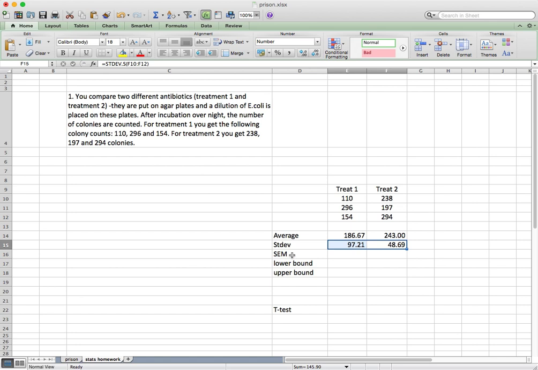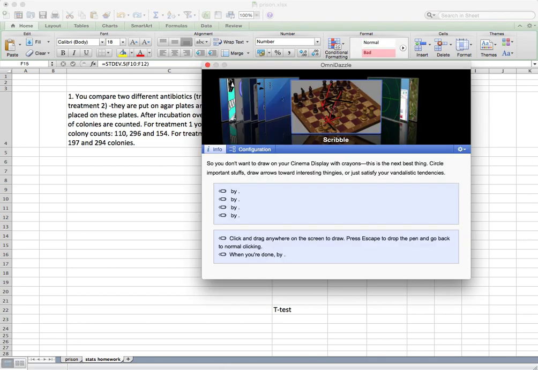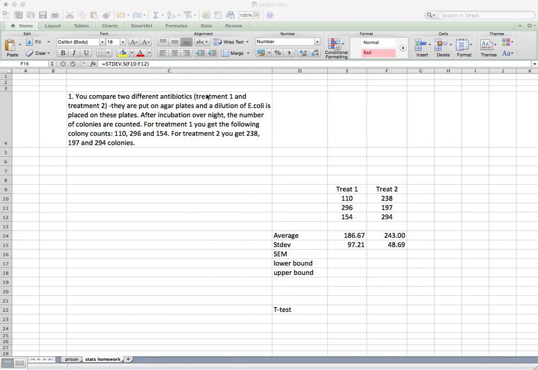Now the next thing that we want to do is calculate the standard error, and to be more specific, the standard error of the mean. We need to remember what this actually means, so let me quickly write something here.